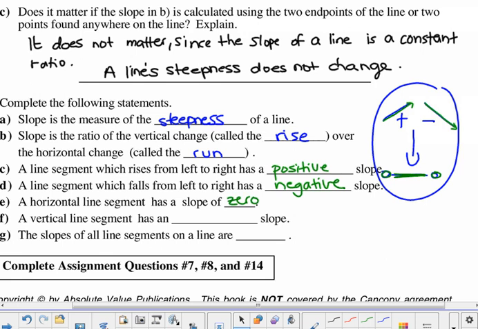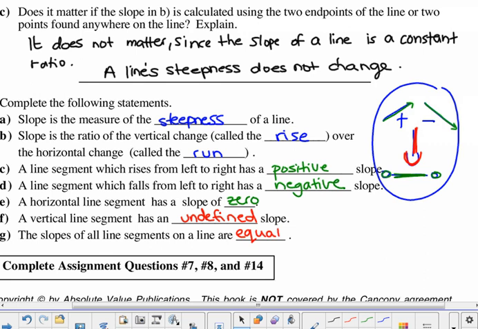And a vertical line is undefined, it does not exist, it is an undefined slope. The slopes of all line segments on a line are the same or equal.